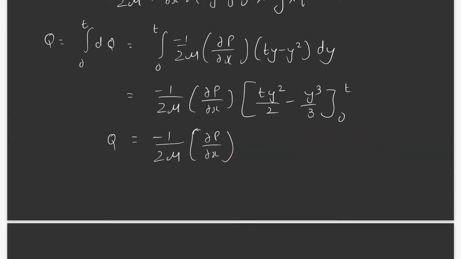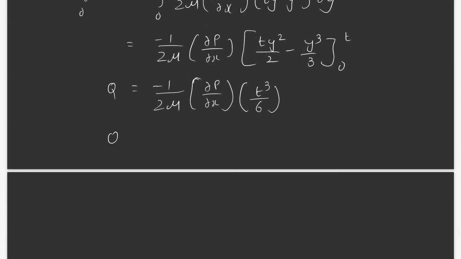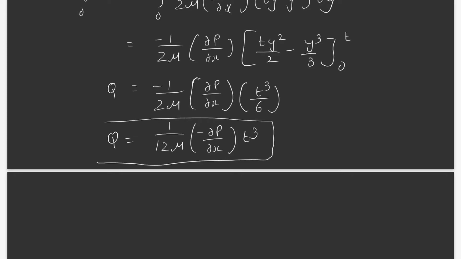Okay, so into t cube by 6. The final value for discharge is 1 by 12 mu into minus dou p by dou x into t cube. This is the final expression for discharge between two parallel plates.